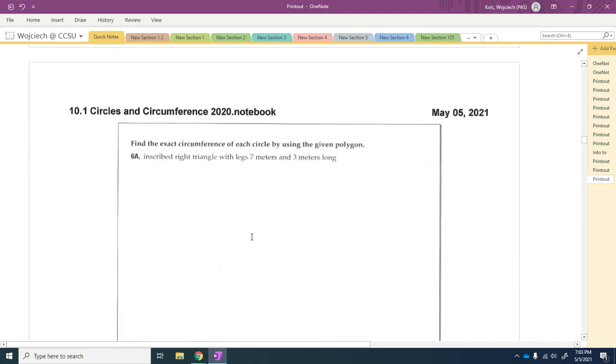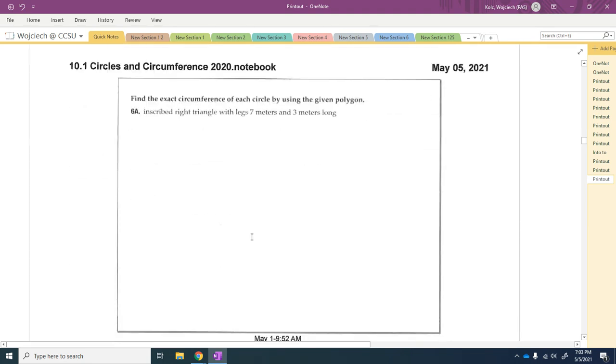And last example for today, okay, is question 6a. Find the exact circumference of each polygon. So in this problem, I have an inscribed right triangle with legs of 7 meters and 3 meters. And we should also mention that the diagonal would be your diameter. So, you have this picture.